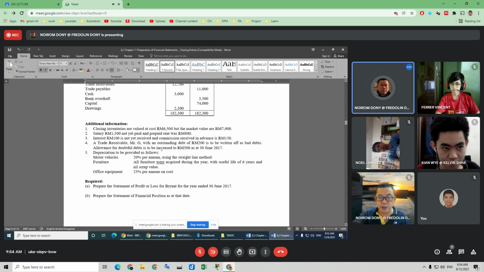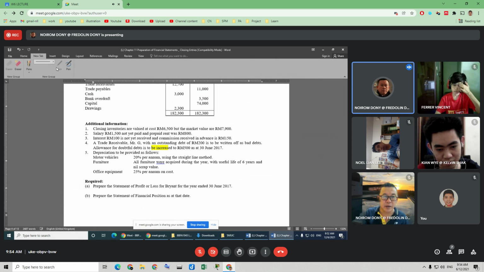Allowance for doubtful debts is to be increased. So remember the wording increase. Like I've told you before, if it's increased, it is an expense. So meaning you need the double entry. Normally we debit doubtful debts and then we credit allowance for doubtful debts, isn't it?